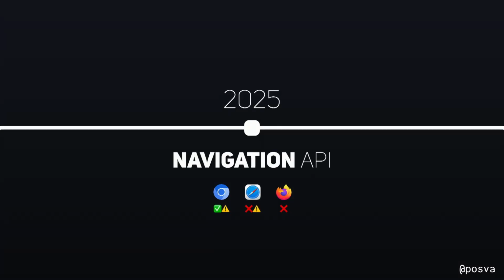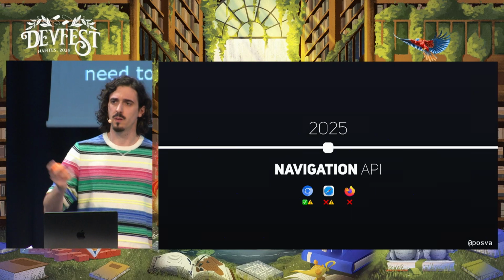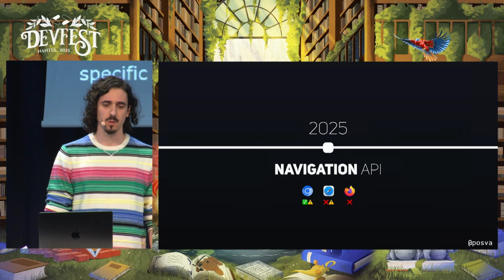Firefox still doesn't support it, but it's very close to releasing it in nightlies. Safari only nightlies. And even in Chrome, you still need to enable one feature flag to have the full set of features, which makes you think, because it means that they might not be aligned about all of the specific implementation details and some very complex interactions between the browser UI and the API in JavaScript.